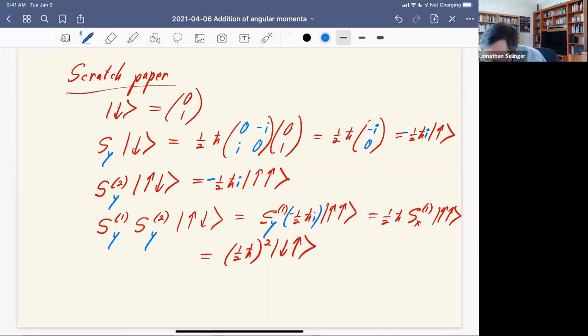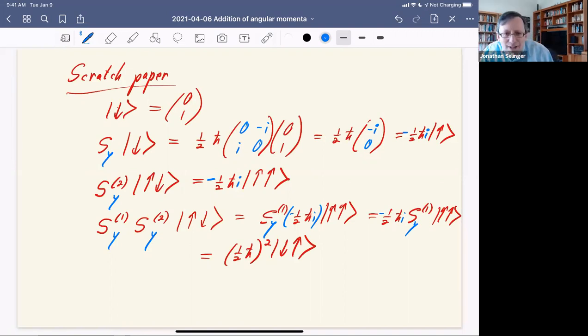And so that's negative a half h bar i S1y acting on the up state. And what is this? S1y acting on that state multiplies by a half h bar i, not negative a half h bar i.